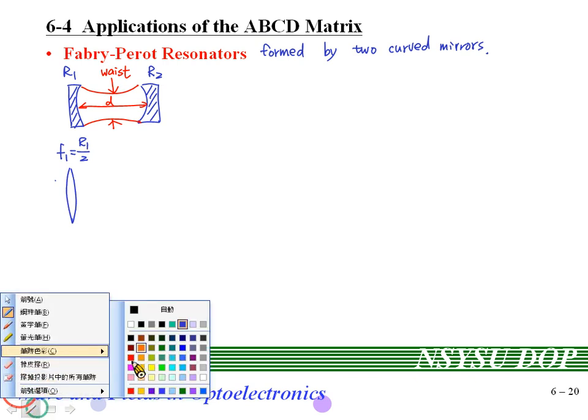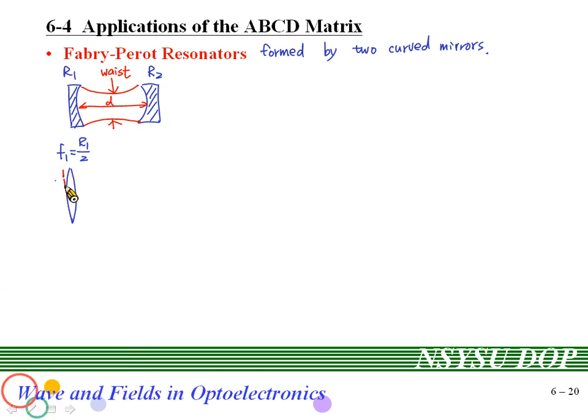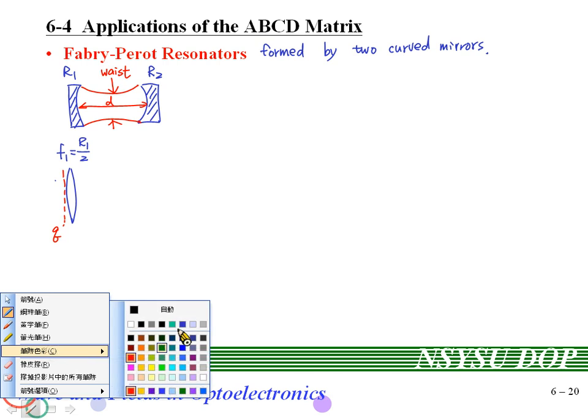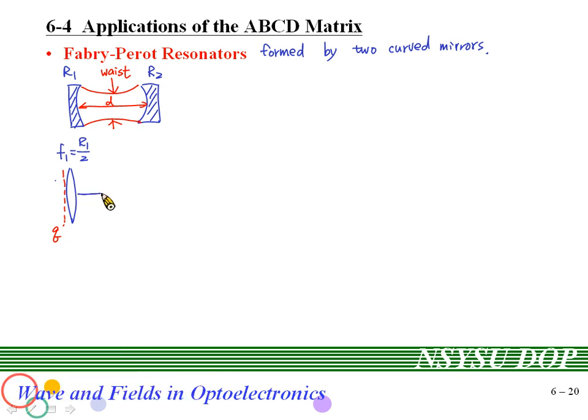So we can start with a q value, and then it will propagate a distance of d and hit mirror 2, which can be considered as another thin lens with the focal distance f2, and f2 is r2 over 2.